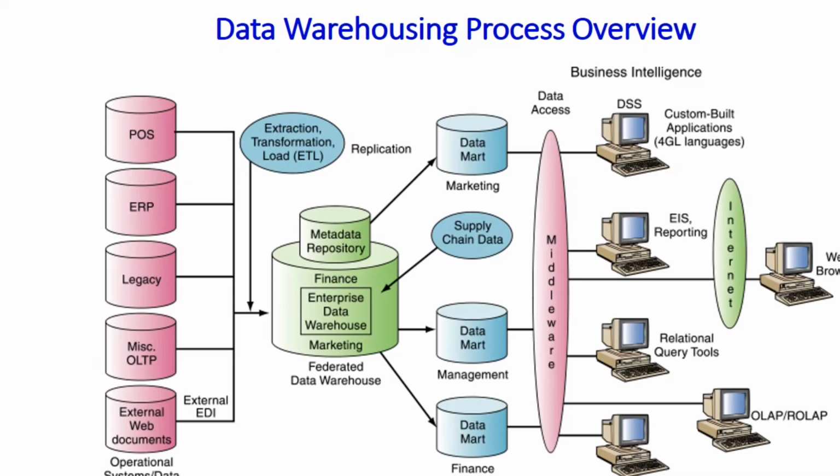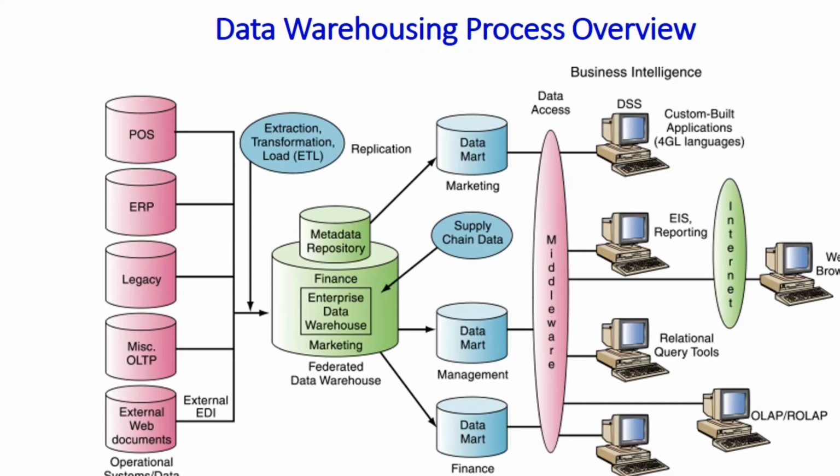From there, the ETL process is performed using ETL tools, namely extraction, transformation, and loading, which is the last step. And then after this data is loaded into the warehouse, we create what? Departmental data warehouses. We have a data warehouse for the marketing department, for the sales department, for the logistics department, for the inventory department, for the supply chain department. So these are called data marts.